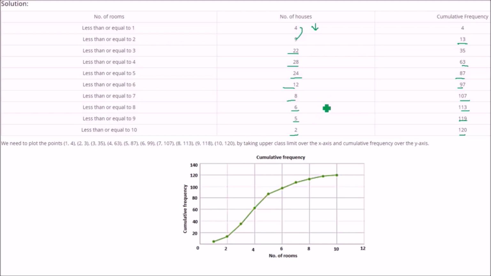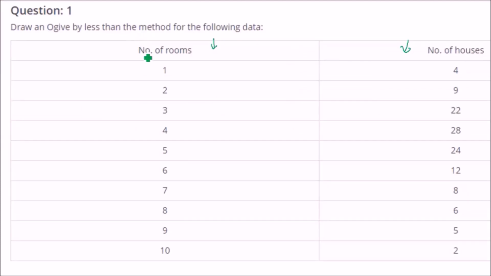Now first of all, when we want to make the ogive, we need to make a graph. This is less than or equal to 1. So when we say less than 1, all which are less than 1 are 4.